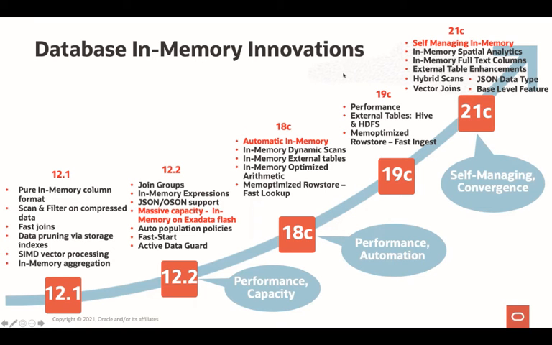Things like Automatic In-Memory, which is our feature that allows us to automatically populate or evict objects based on usage. So we're continuing to enhance and make Database In-Memory better, with lots of features available to speed up performance and manageability.